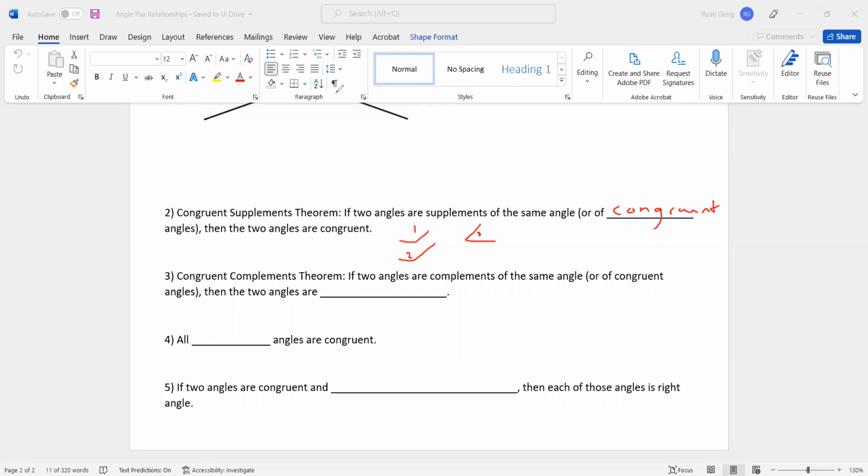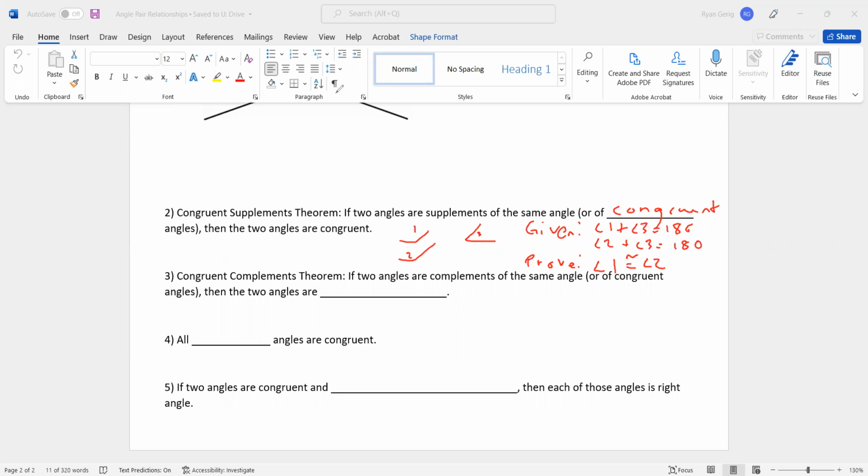Okay. If I'm giving you that angle 1 plus angle 3 is 180, and angle 2 plus angle 3 equals 180, right? Then I can prove, or I can state, that angle 1 is congruent to angle 2.